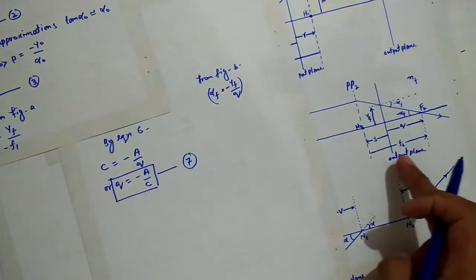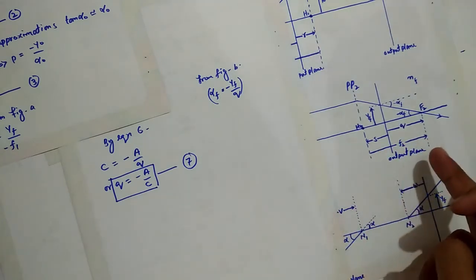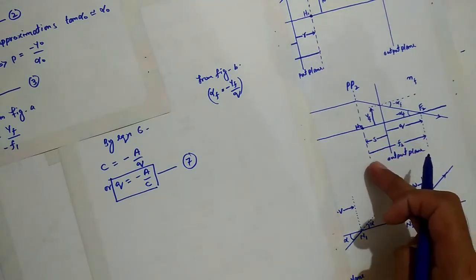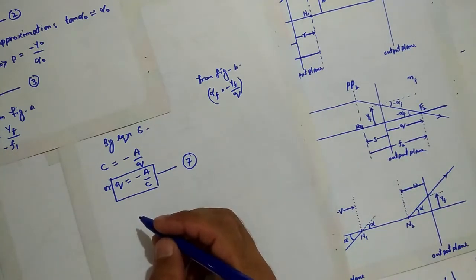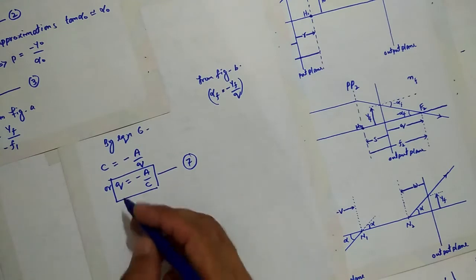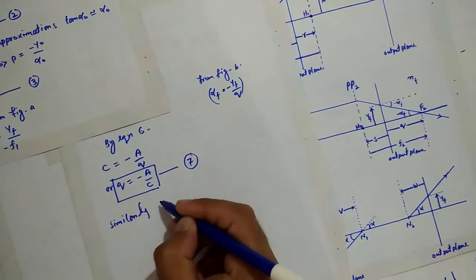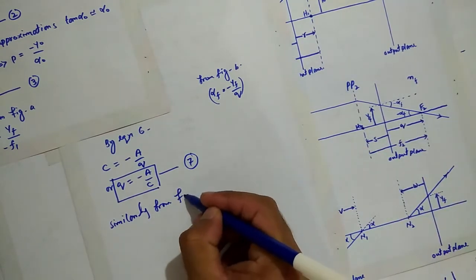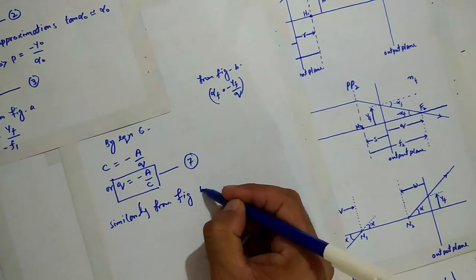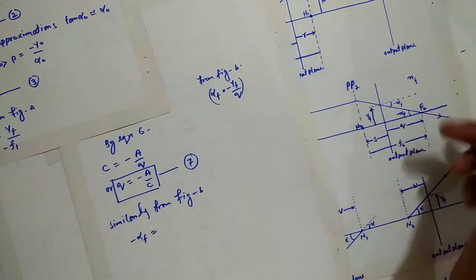Now f2, we are going to calculate this focal length, which is the distance from the back principal plane to the focus point. So similarly, again from figure B, this alpha f, but I have written negative because this is negative.